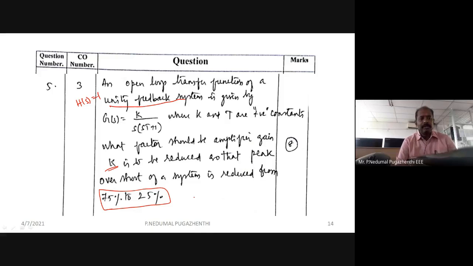Let us try this problem. I will first write down the data. So G of S is equal to K by S into (ST plus 1). That's your open loop transfer function. H of S is equal to 1.